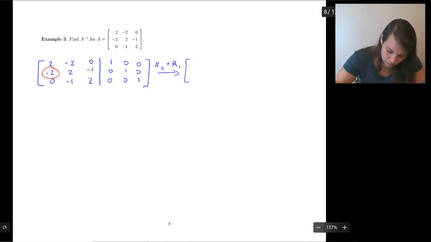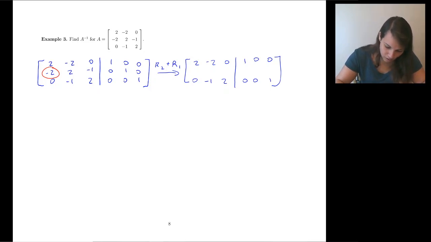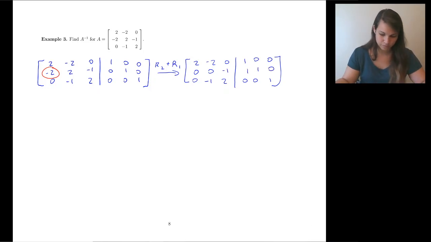Okay. So row 1 stays the same. Row 2 will change, but row 3 will stay the same. Okay, so row 2 plus R1, that's going to be a 0, a 0, a -1, a 1, a 1, a 0.